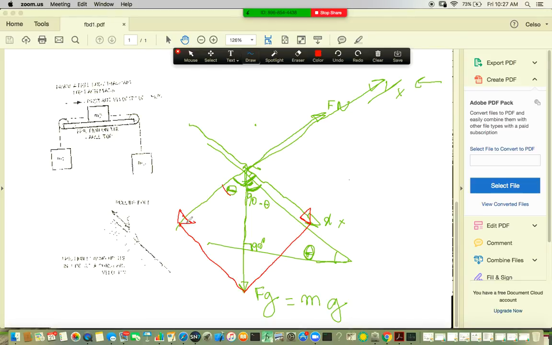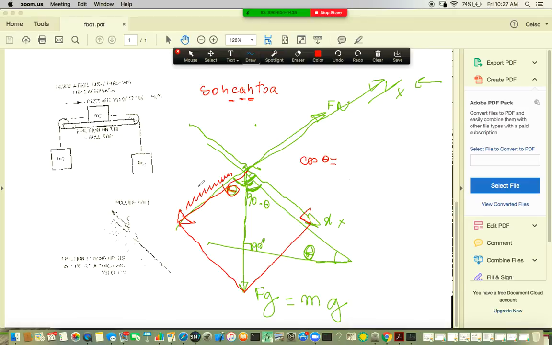Now you go to your SOHCAHTOA. So cosine of theta, see theta right here? Cosine of theta. So if you think about SOHCAHTOA, cosine is the adjacent over hypotenuse. So cosine of theta is the adjacent, which is this thing over here. Right?